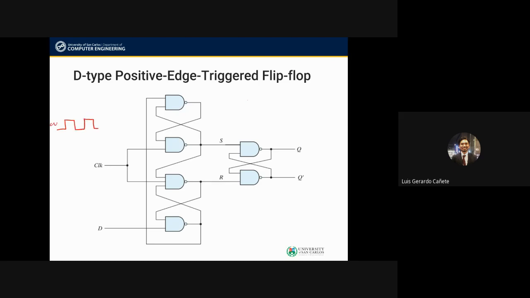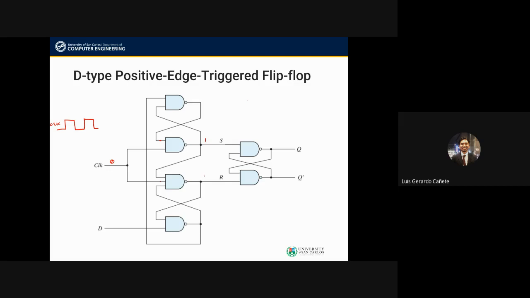So when clock is equal to 0, what happens to this entire circuit? When clock is equal to 0, remember that the NAND gate, the way we describe NAND gates using words is that the presence of a 0 makes 1, right? So when this is 0, automatically, without even thinking about the value here and the value here and here, we know that this is going to be 1, right?